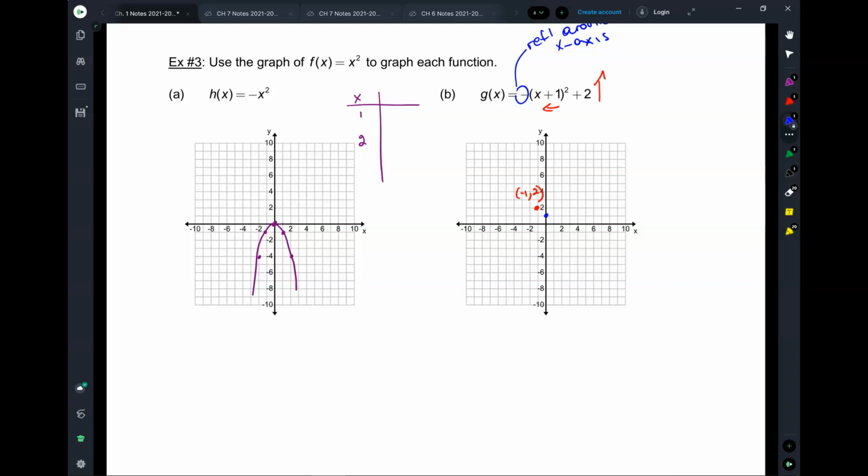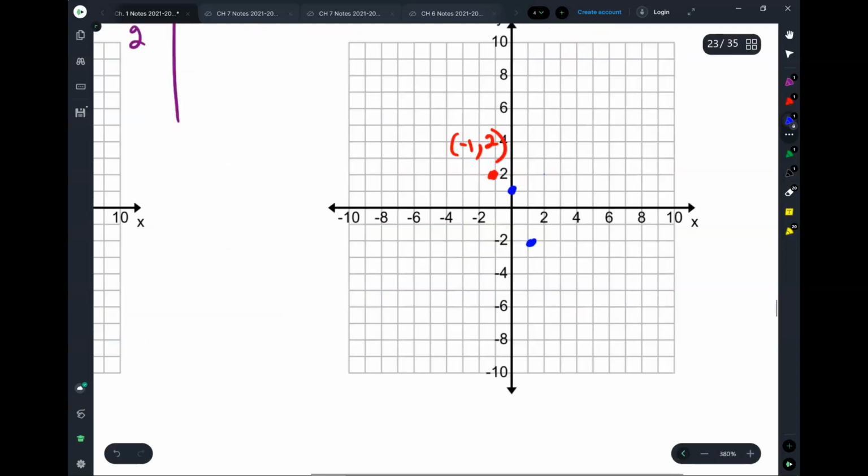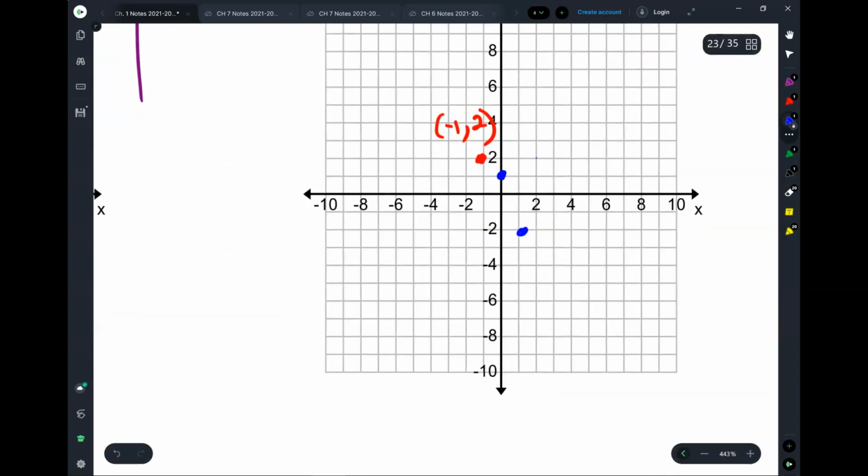And if I go right 2, I need to go down 4. So from this, if I go to the right 1, because there's a negative in front, I don't go up anymore. Now I go down 1.